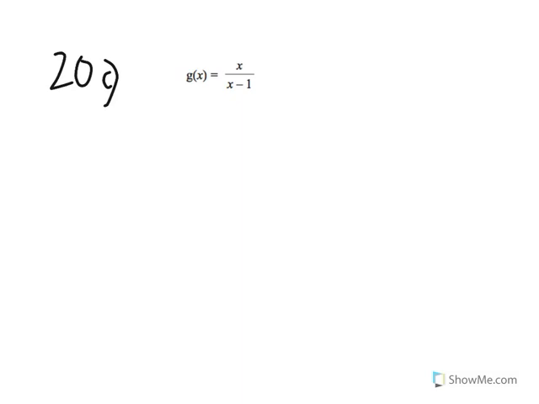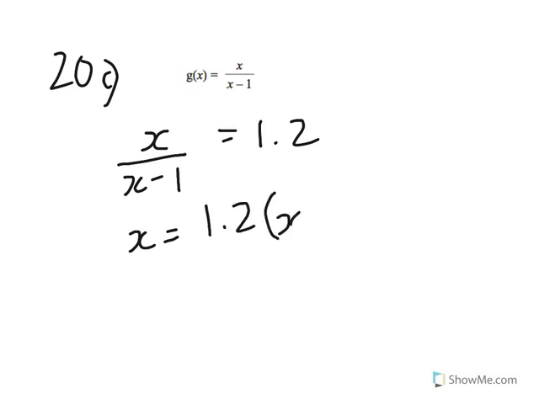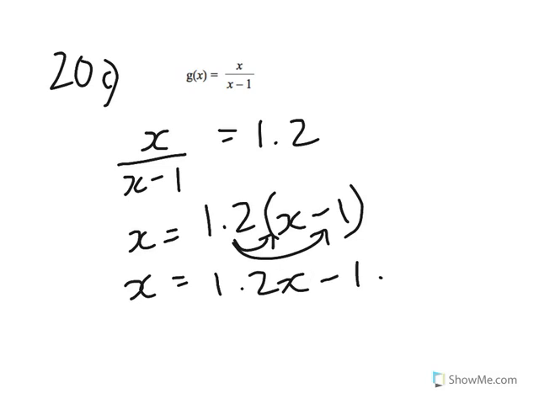So all you have to do is x over x minus 1 is equal to 1.2 and solve it. Multiply both sides by x minus 1, and you're going to get x is equal to 1.2 times x minus 1. So x is equal to, expand this out, 1.2x minus 1.2.